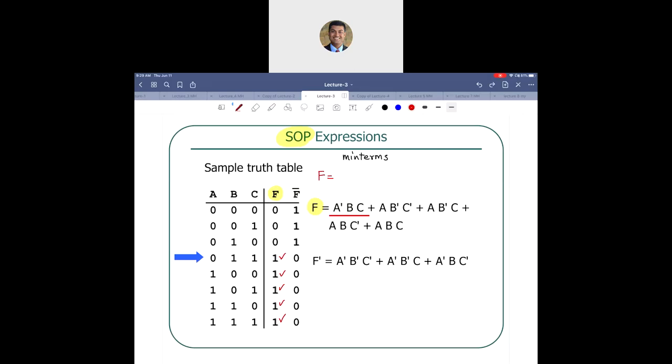F is minterm, what is that? Row number 0, 1, 2, 3, 4, 5, 6, 7. Those are the row numbers. So minterm row number 3 plus minterm 4, minterm 5 plus minterm 6 plus minterm 7. That is one way of writing the function as well.